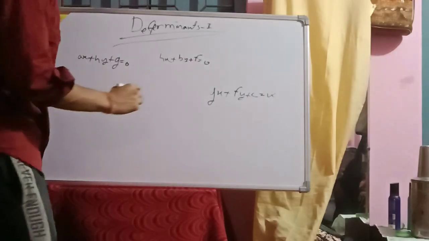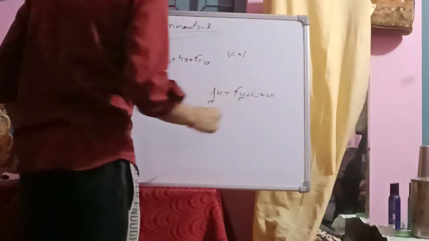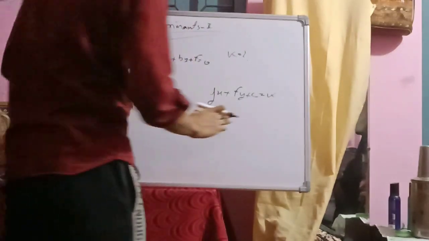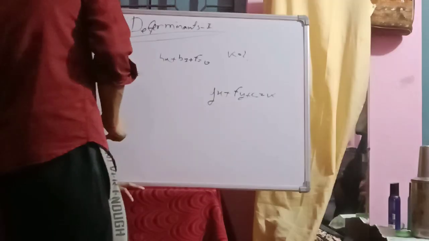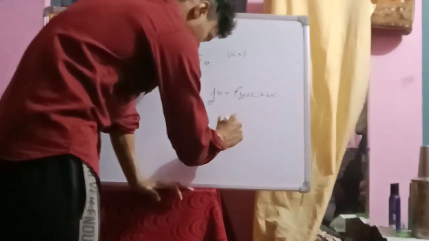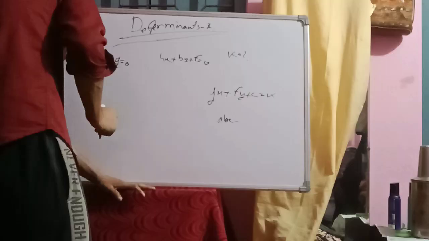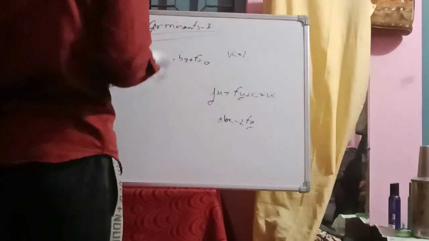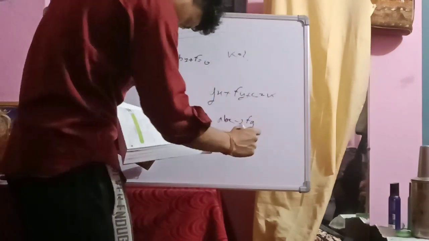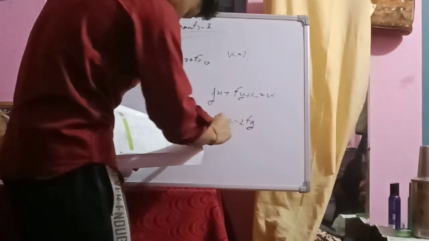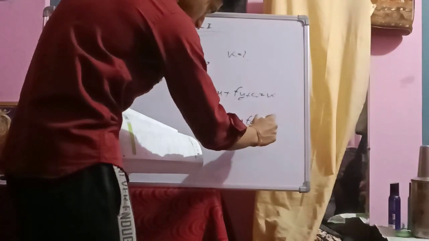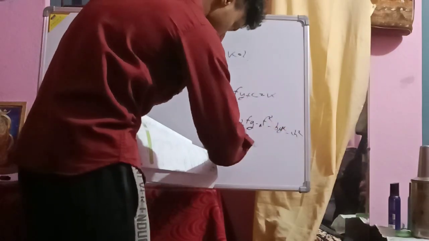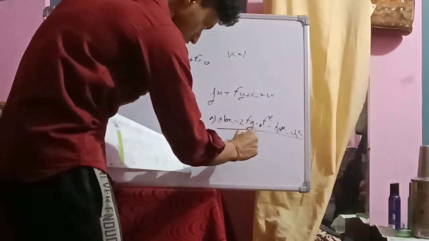Now I have been asked to find out the value of k. And our options are: option A, abc minus 2fgh minus af square minus bg square minus ch square over ab minus h square.